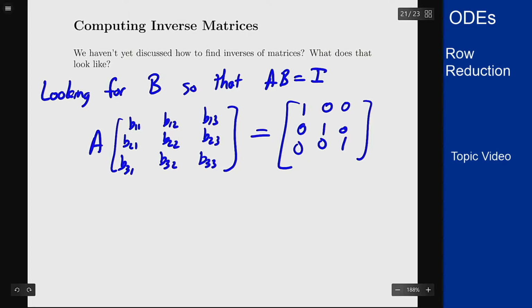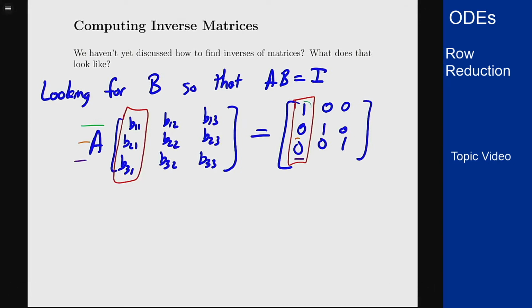Well, I'm always taking rows of A times columns of B to put me into a spot of the resulting matrix. So everything for that first column actually comes from the first column of B, because it'll be multiplying row 1 of A times column 1 of B to put me in the first slot, row 2 of A times column 1 of B to put me in the second slot, and row 3 of A times column 1 of B to put in the third slot of that first column of the output.